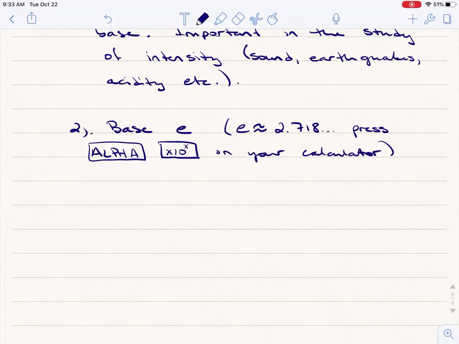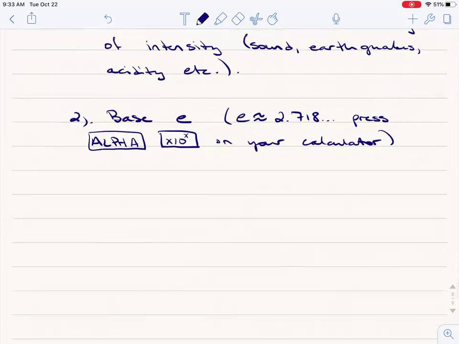Oh, do you have an e to the x button? Yeah, nice. So regardless of what calculator you have, it will have an e to the x button, so you might have to do e to the 1 or something like that. But this is called the natural base.